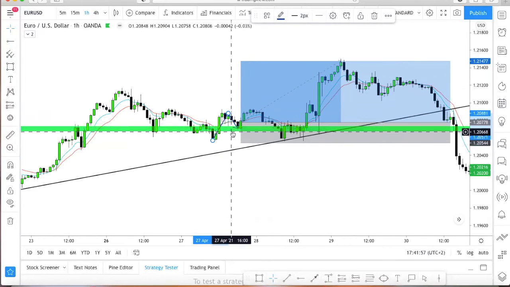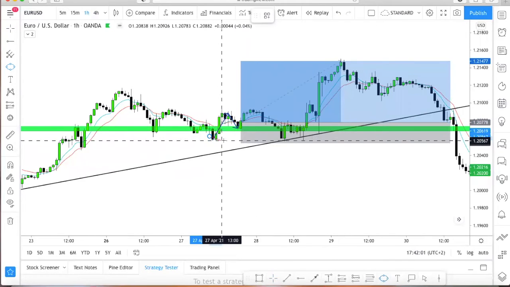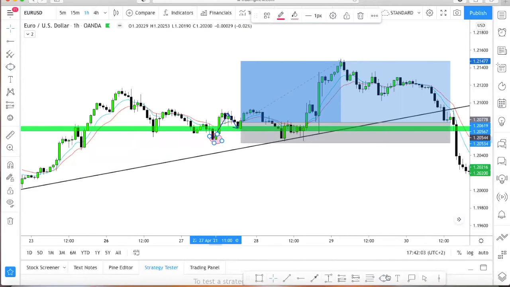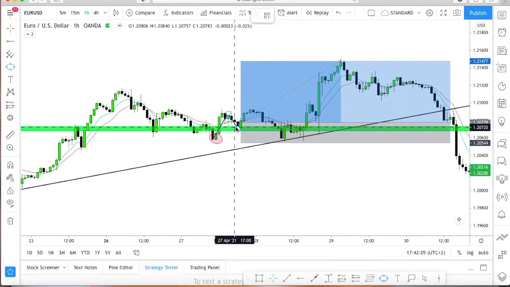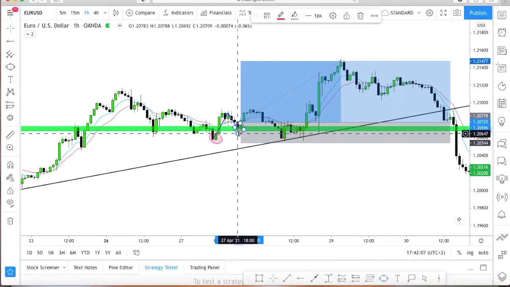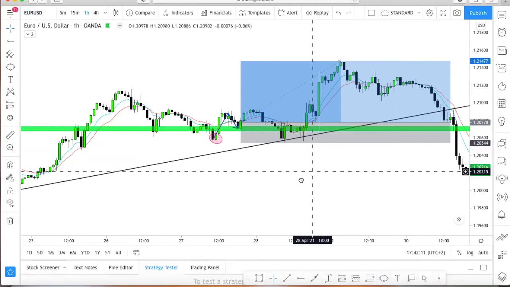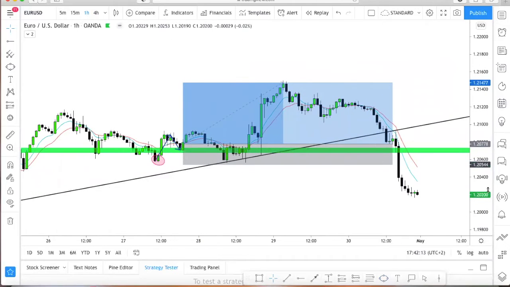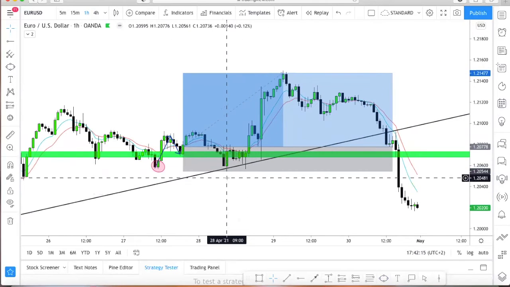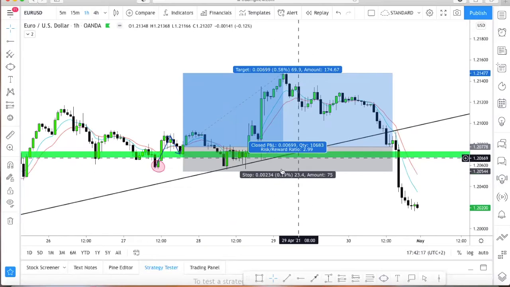Even on this hour, you can see that this low over here is lower than this low over here. And then when I got that confluence on this engulfing candle, I then went in. I did go into drawdown, almost hitting my stop loss.